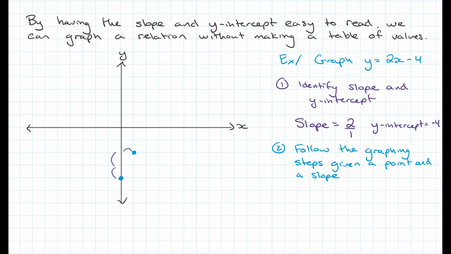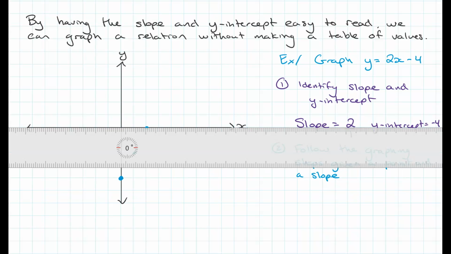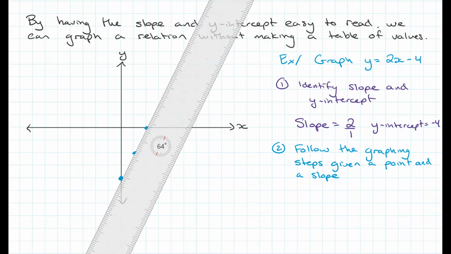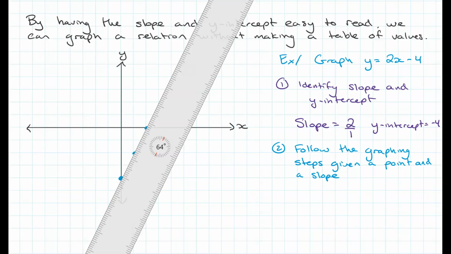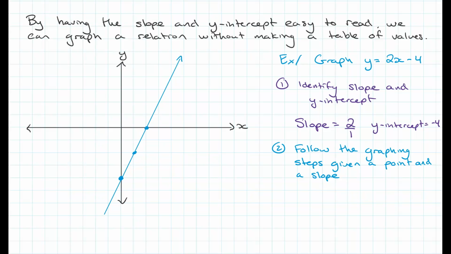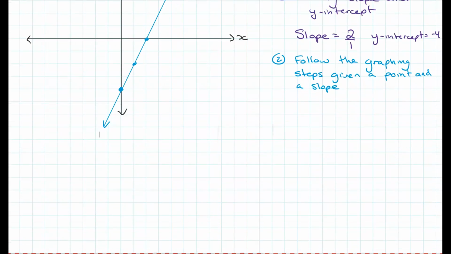And repeat from that dot up 2 over 1, get my next dot, and I'm going to erase all my little bouncing lines here because I don't need them. Once I have 3 dots, I'm going to grab my ruler and I'm going to connect these dots to make sure they are all in the straight line. That's great. And I've graphed it without having to make a table of values at all.